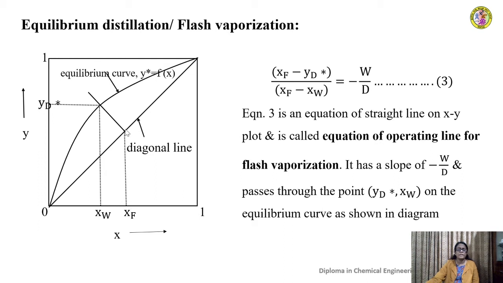Then from this point, if we draw a straight line such that it passes through a point on the equilibrium curve which corresponds to YD star on the y-axis and XW on the x-axis, this line is the equation of operating line for the flash distillation or equilibrium distillation. The slope of this line will be equal to minus W by D.